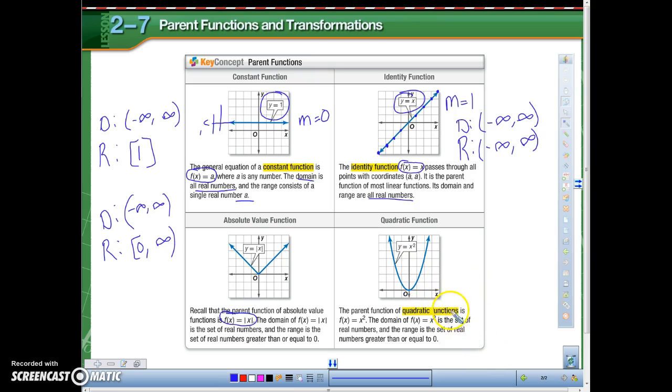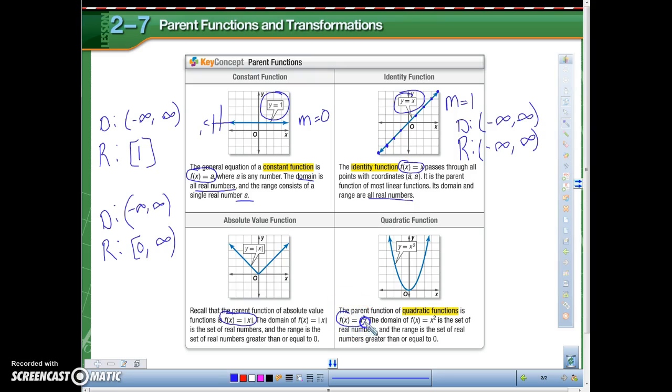The next one we're going to talk about is the quadratic function. I know on one of your homework assignments you had to graph a quadratic, and so you made a t-chart, and that's fine for now because you don't know anything else of how to graph these yet. And we'll graph these later. In Unit 2, I think, we'll graph quadratic functions, and we'll learn all of the characteristics of them. Right now, what I want you to know is that a quadratic function makes a U, versus the V that the absolute value function makes.